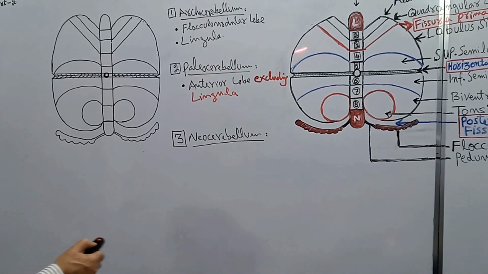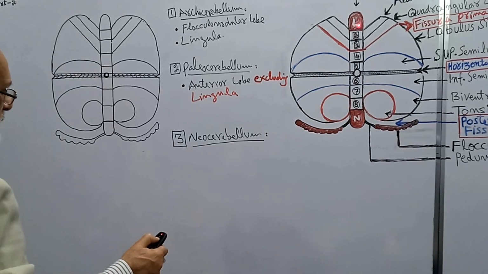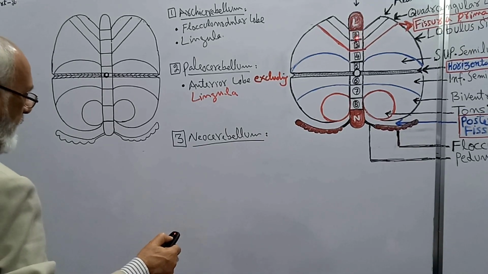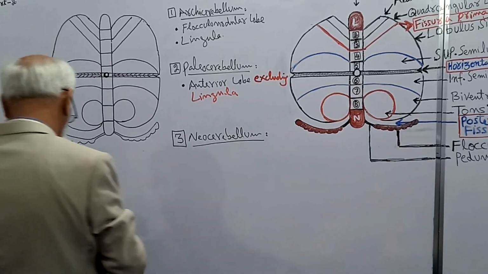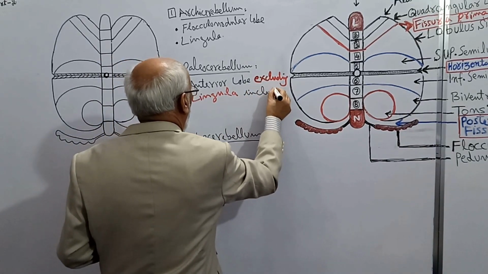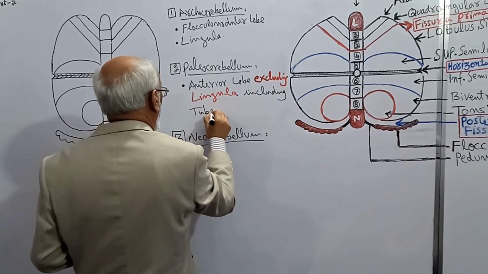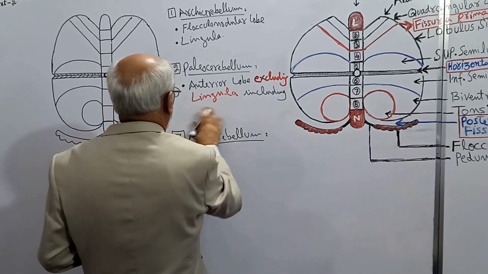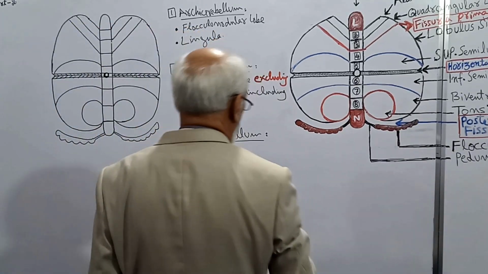Then the paleocerebellum is the anterior gross anatomical lobe of the cerebellum, excluding the lingula, but including the pyramid and uvula.